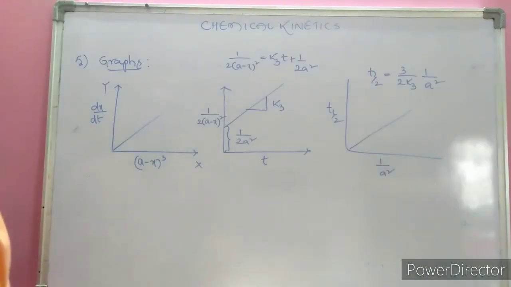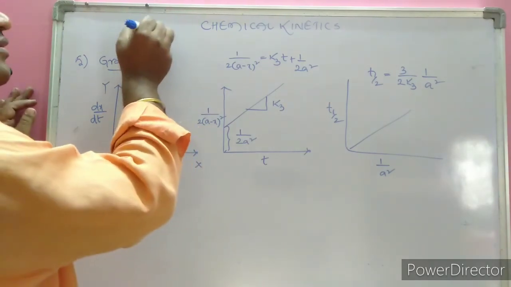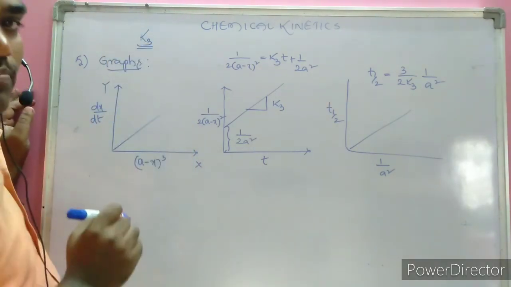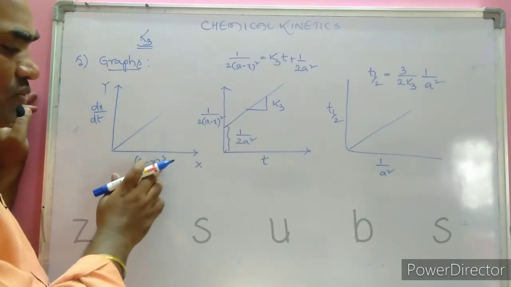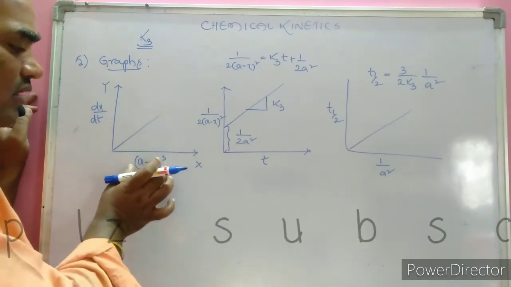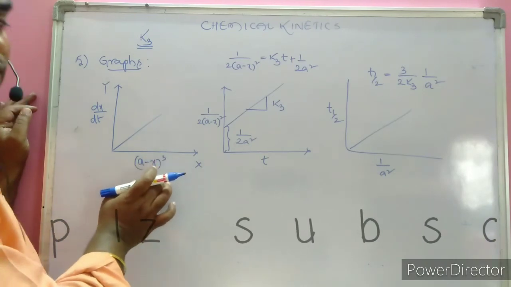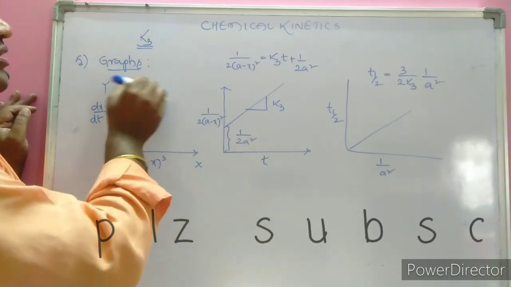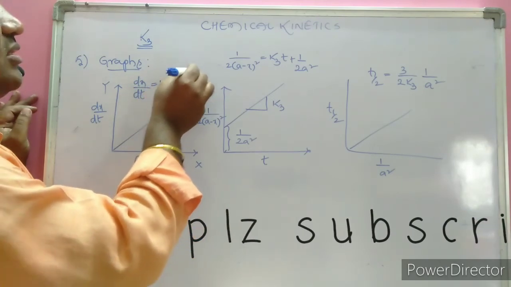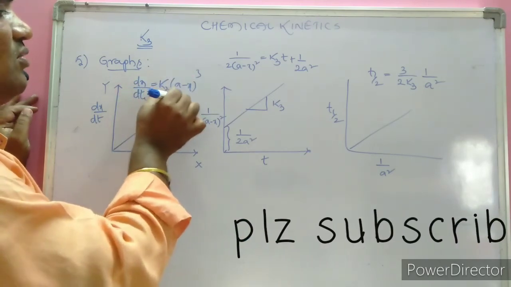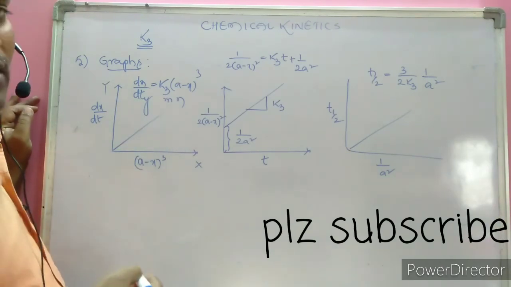Now the fifth characteristic of the third order specific rate constant K3 is the plots of the graphs. Rate is plotted against (a minus x) whole to the power of 3. We have the expression dx by dt equal to K3 into (a minus x) whole cube, y equal to mx, a straight line passing through the origin.